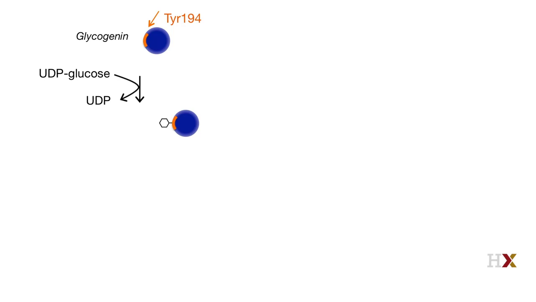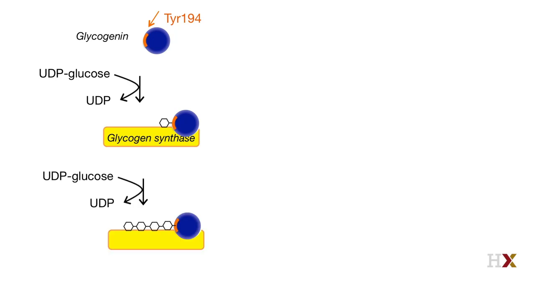So the carbon 1 carried by the glucose unit can react with the hydroxyl group from the tyrosine residue to form an acetal. Once the glucose unit is covalently attached to glycogenin, glycogen synthase will form a tight complex with glycogenin. However, the addition of the next 3 units will be catalyzed by glycogenin and not by the glycogen synthase.